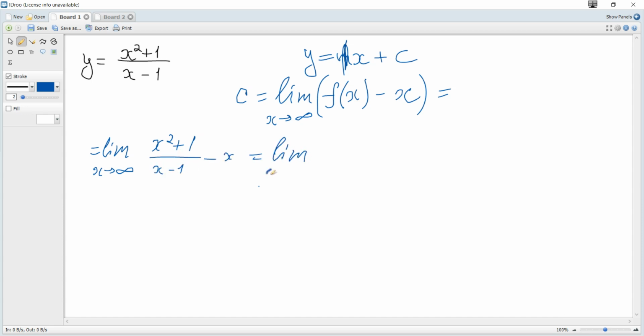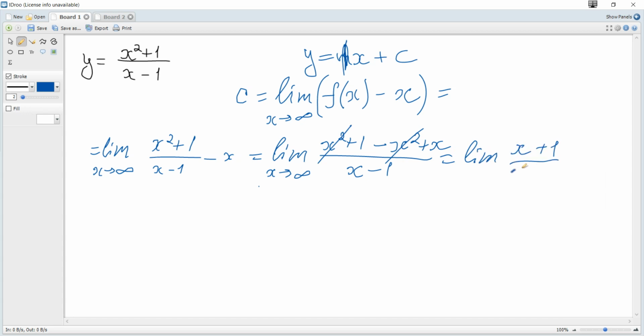We do a common denominator, and it is equal to x squared plus 1 minus x squared plus x, which is the limit of x plus 1 over x minus 1.